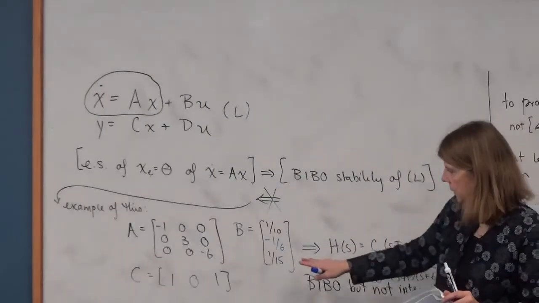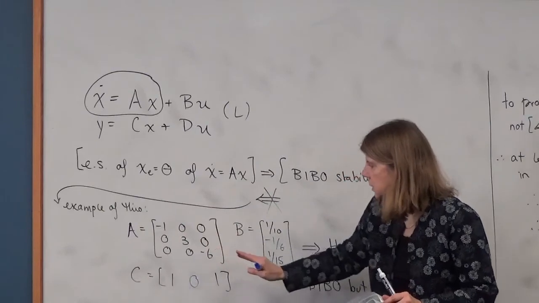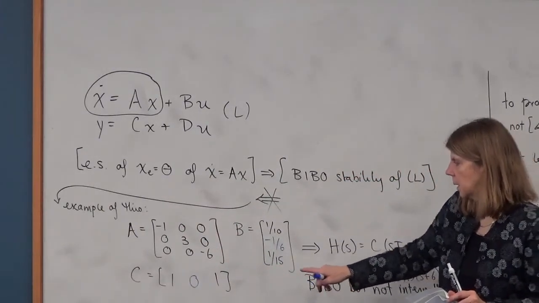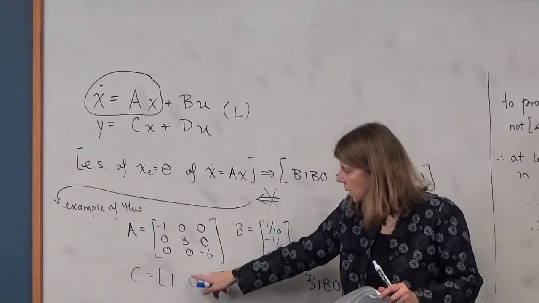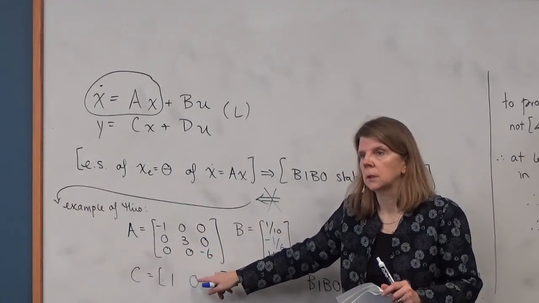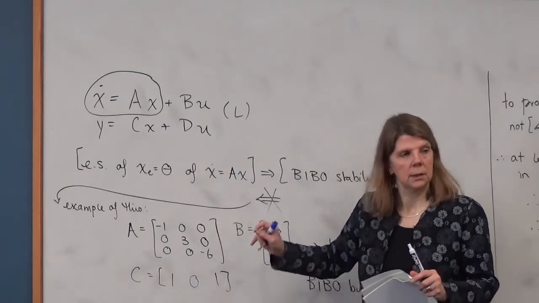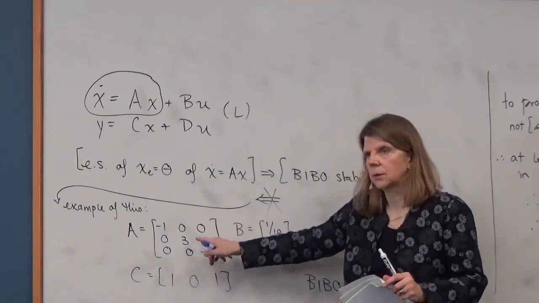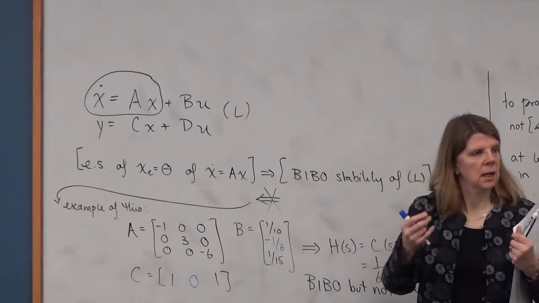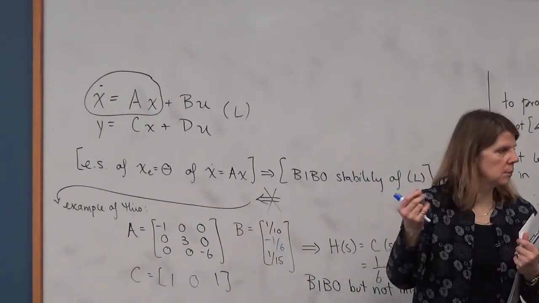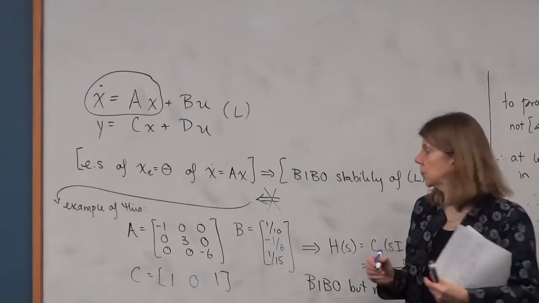The reason it's BIBO stable when the original system is not internally stable is because that eigenvalue at 3 is hidden from the output. In the previous case, the reason it was BIBO stable but not internally stable was because that eigenvalue at 3 was not affected by the input. So there are two ways you can have hidden modes: modes or eigenvalues that are not affected by the input, or that are hidden from the output.